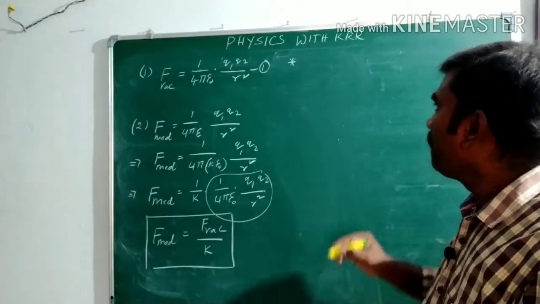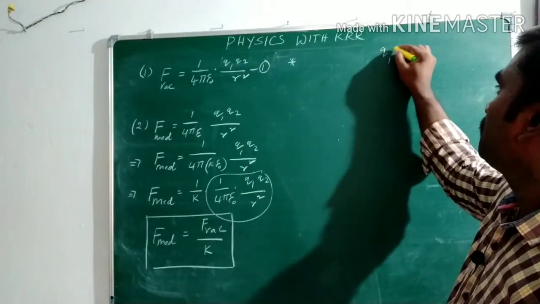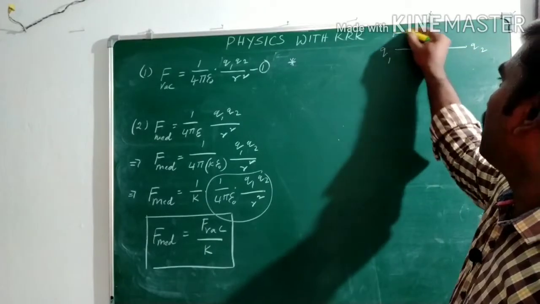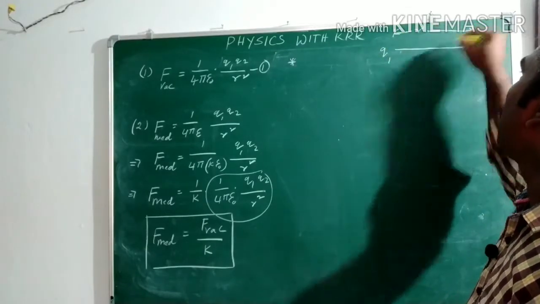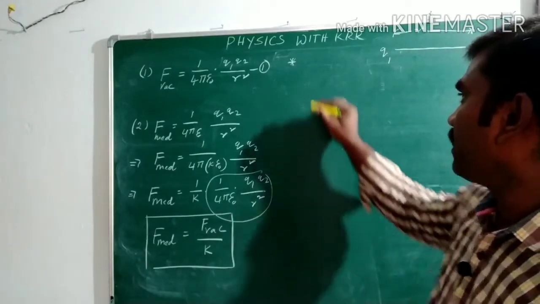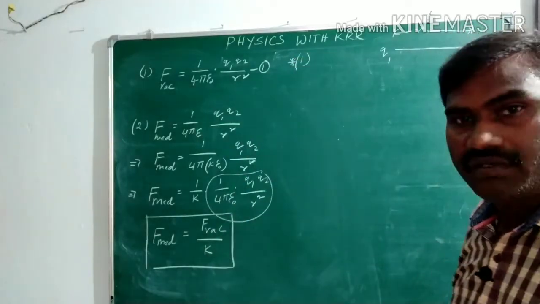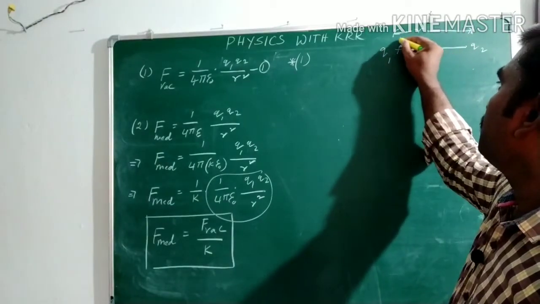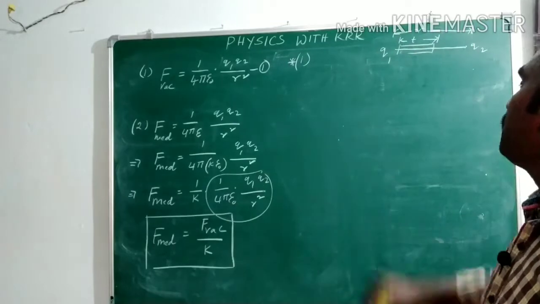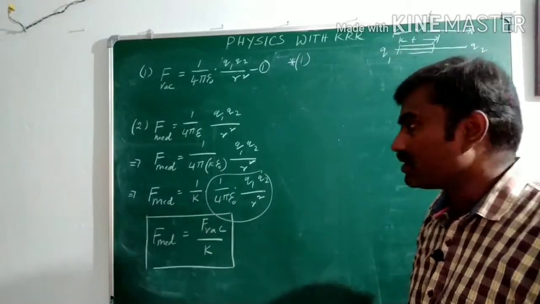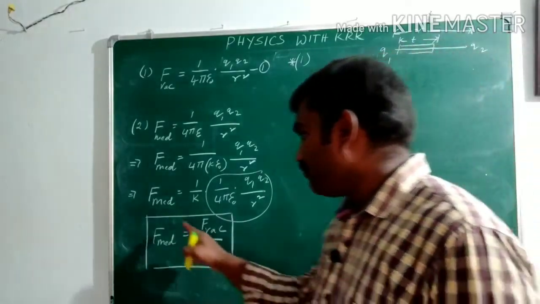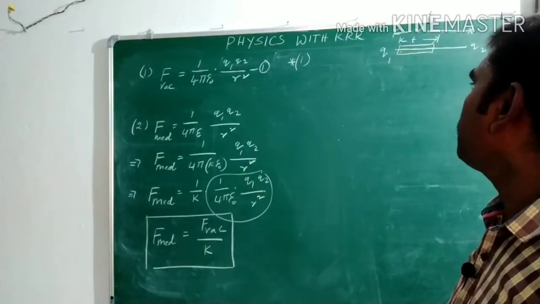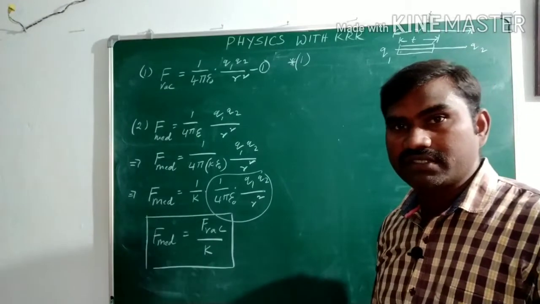Next case. For example, charges Q1 and Q2 are separated by distance r. Now, a dielectric slab, we can take this as point 1. A dielectric slab of thickness t is placed between these two charges. Then what happened to the force? When a medium is introduced between the two charges, the force will decrease.